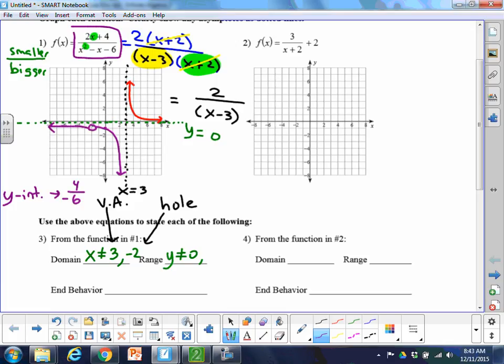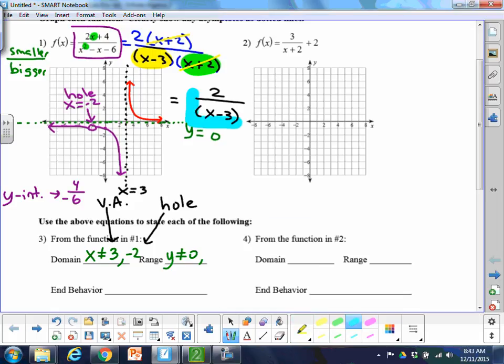Now we need to figure out what y value it would have been where the hole is. If I were to just plug negative 2 into the original, x equals negative 2, I'm going to get something undefined. So you're going to have to use the factored version of it.